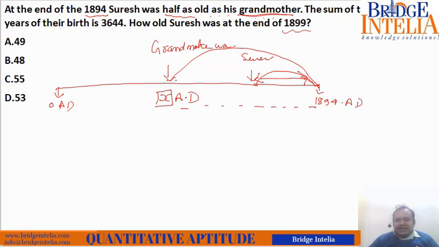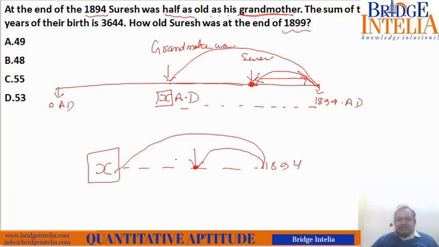This is X, this is 1894. Suresh's age is exactly midway, that's why Suresh's age, this much, is half of this much. So you can say that Suresh's birth year lies exactly midway between X and 1894.